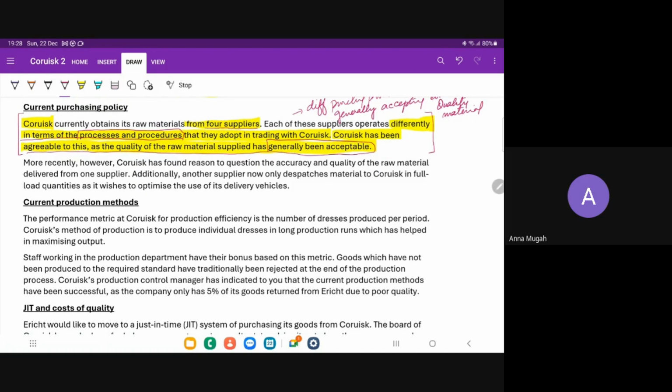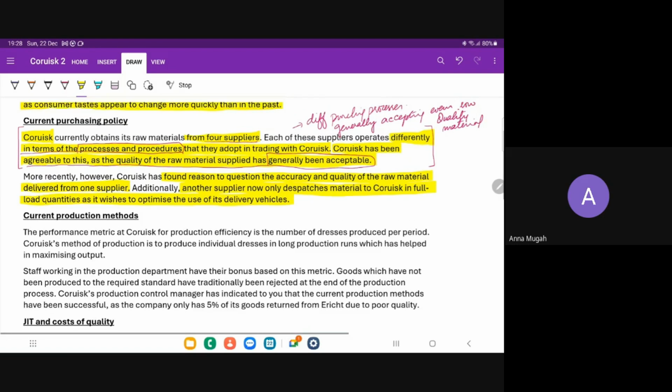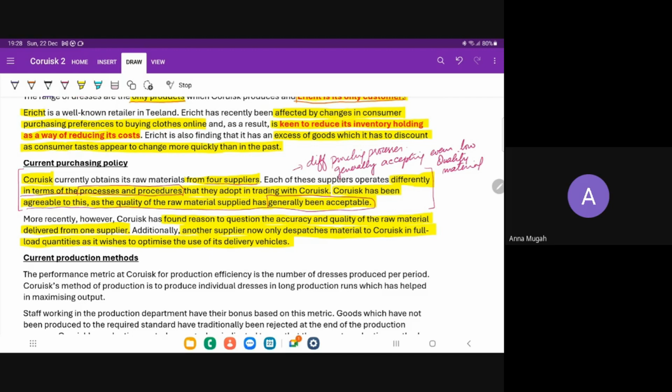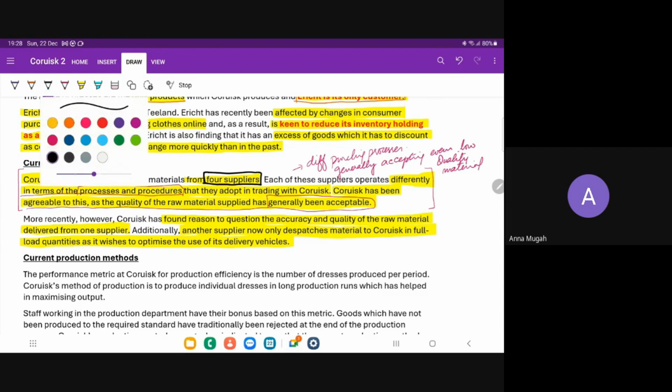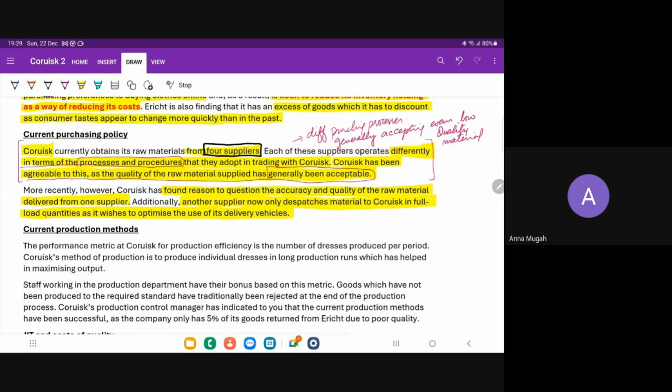More recently, however, Corsic has found reasons to question the accuracy and the quality of the raw material delivered from one supplier, right? So now he figured out there's something wrong with a supplier. Additionally, another supplier now only dispatches material to Corsic in full load quantities as it wishes to optimize the use of its delivery vehicles. Now, how many suppliers did we have initially? We had 4 suppliers, and Corsic has identified 2 issues.